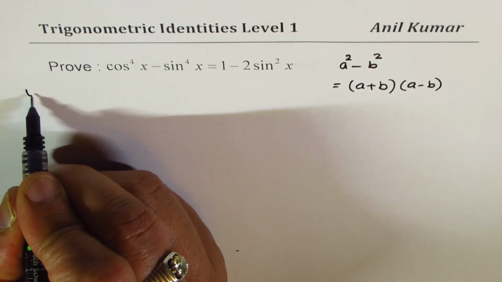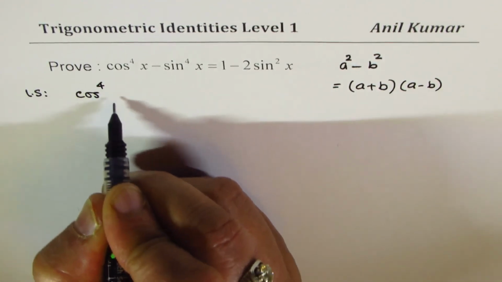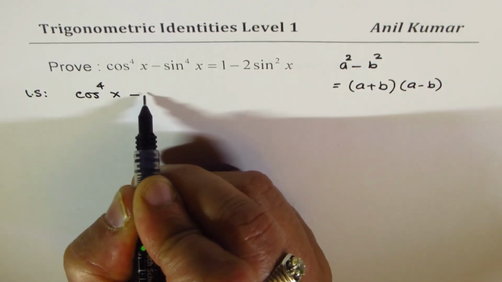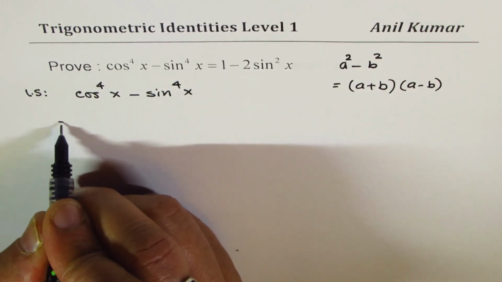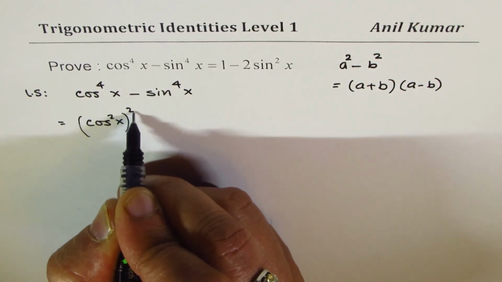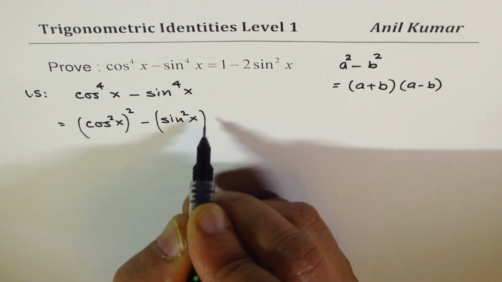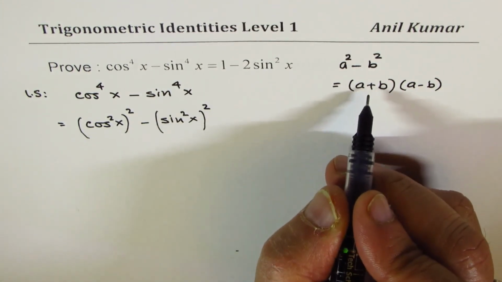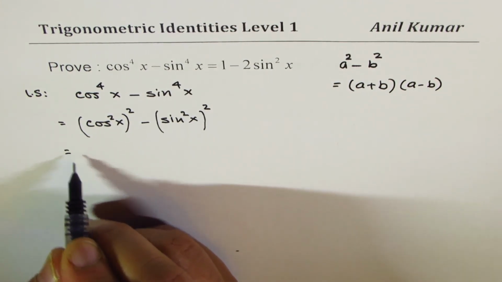So let's begin with the left side again. Rewrite what is given to us, cos to the power of 4x minus sine to the power of 4x, right? I could write this as (cos square x) whole square minus (sine square x) whole square, correct? Now we'll apply this formula. A square minus b square is a plus b times a minus b.